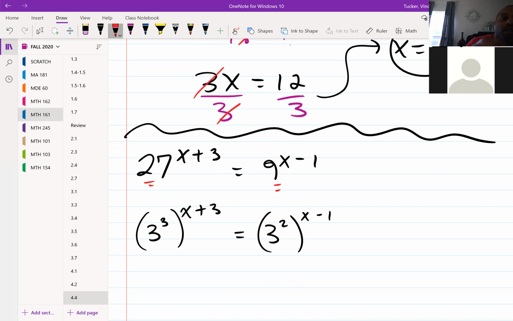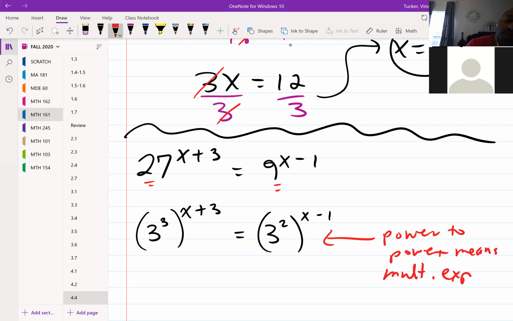All right. And then here, don't forget your power rules. Power means multiply exponents.